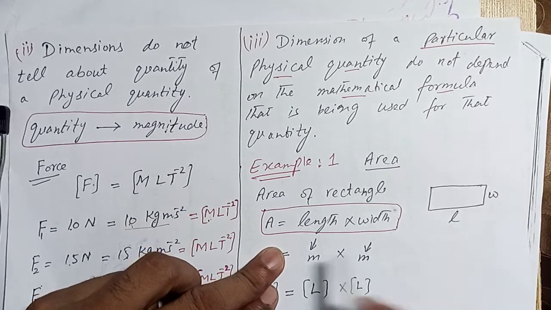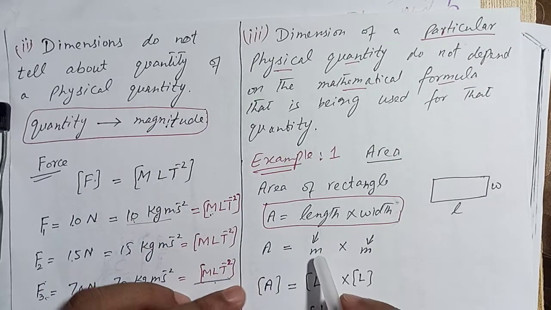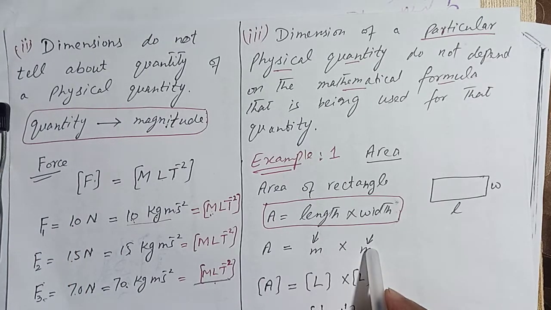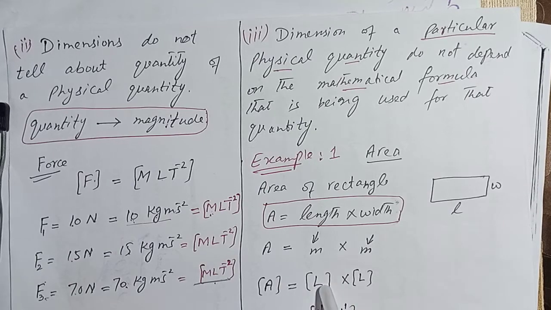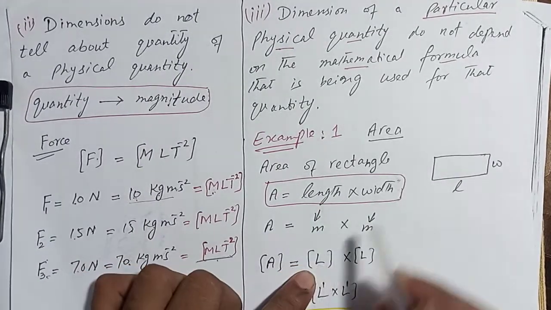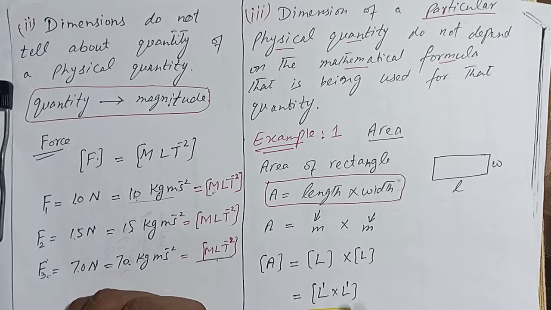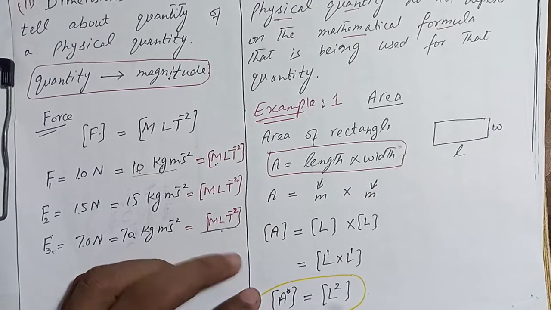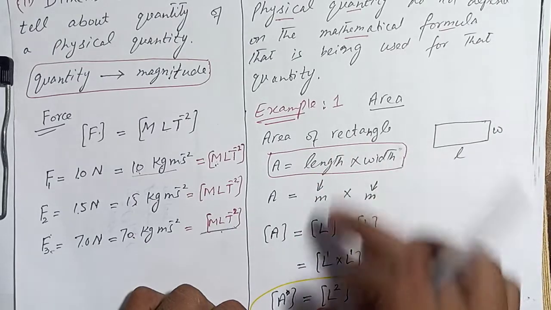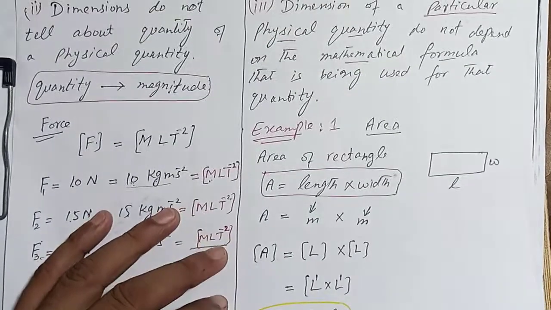Both are measured in meters. They have the same unit, meter and meter. So when a physical quantity has the unit meter, it means that it is length and its dimension is capital L. So the dimension of area is equal to the dimension of length, capital L, times the dimension of width, capital L, and that becomes L into L, L square. This is the dimensional formula for area, and we have calculated this dimension from the area of a rectangle.